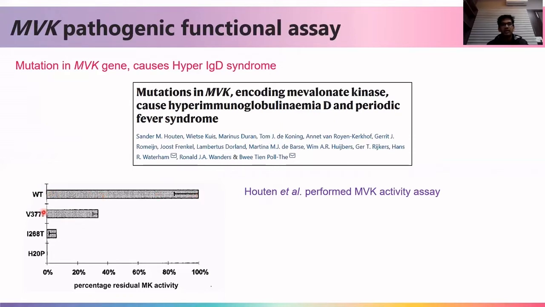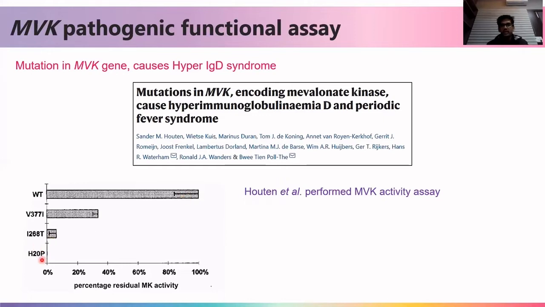But when we look at the mutations present in this hyper IgD syndrome patient, that is V377I, I268T, and H20P, they found a significant reduction. As you can see, for V377I, the reduction is more than 60% in comparison to the wild type, while in I268T, the reduction is more than 80%.